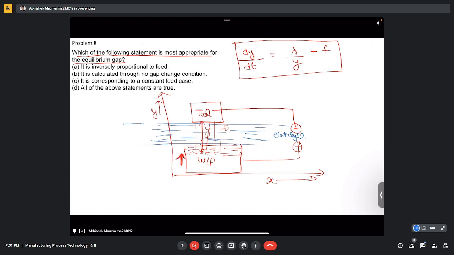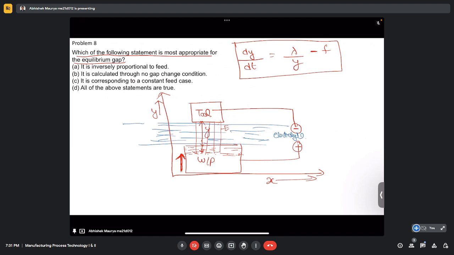So if it is needed, then we keep on giving some constant feed motion to the workpiece towards the tool so that the material removal process should not get stopped. Okay, so that is called the constant gap condition.